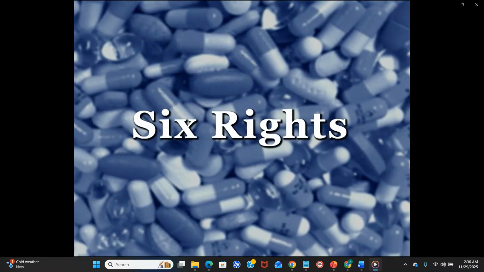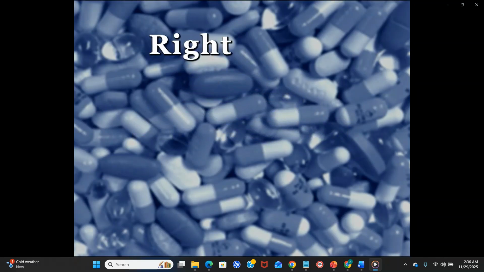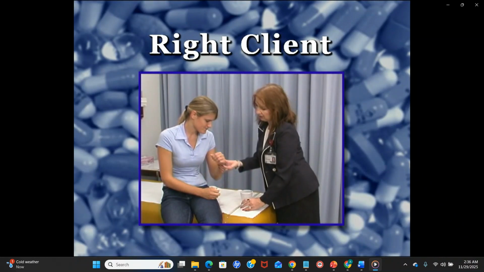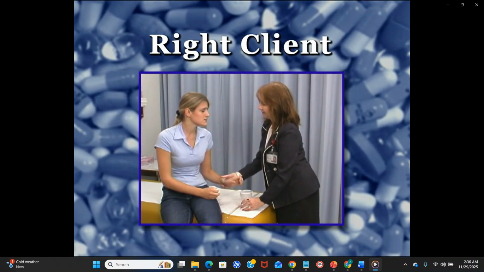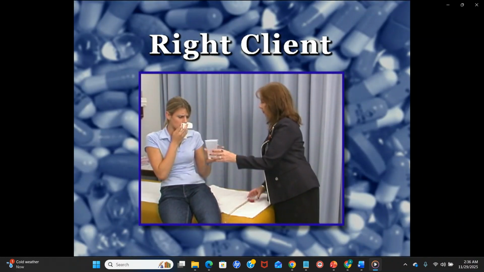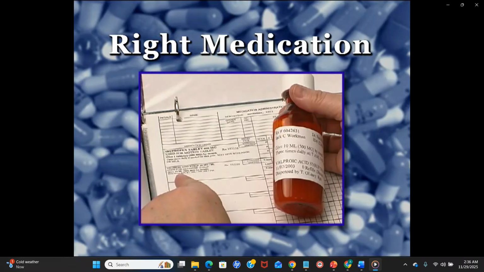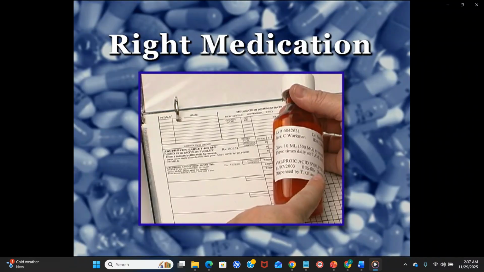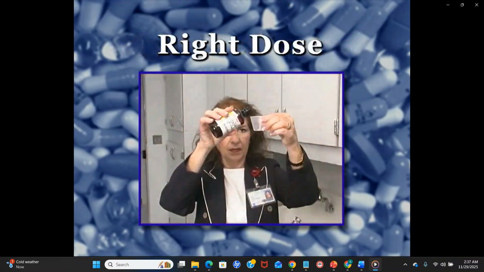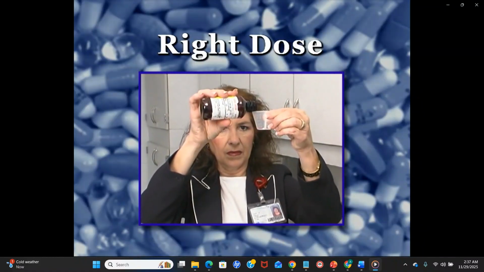Always follow the 6 rights of medication administration. Remember, following the 6 rights means that every time you give medications, you are making sure you have the right client. Give the right medication. Give the right dose.